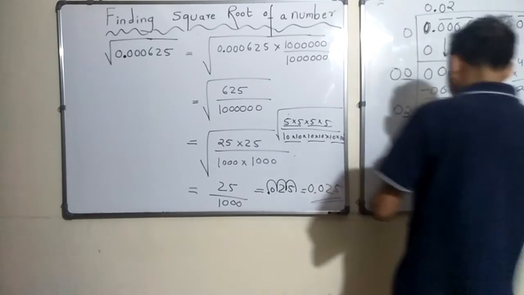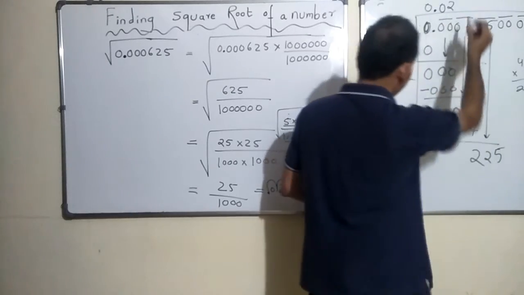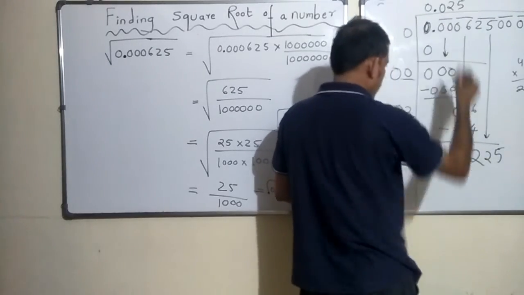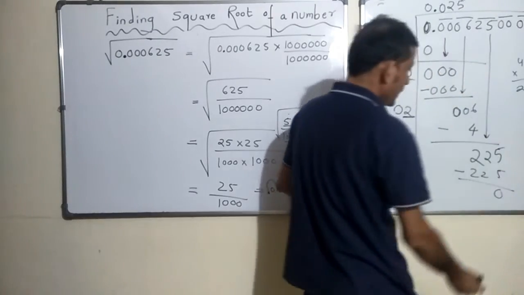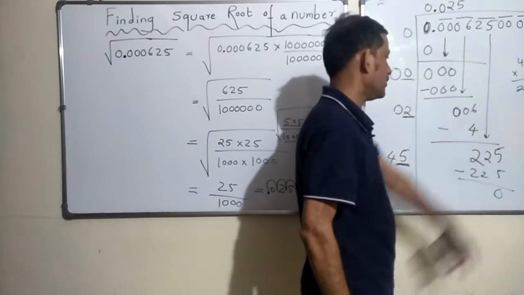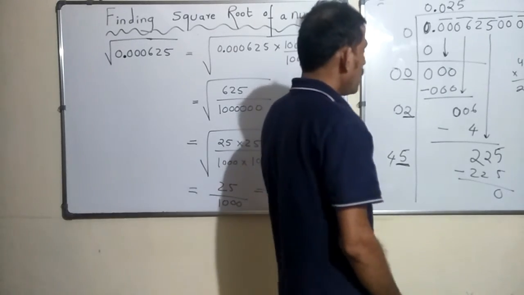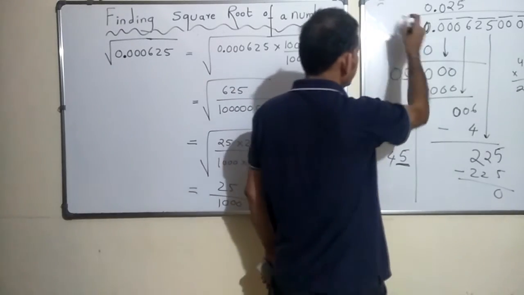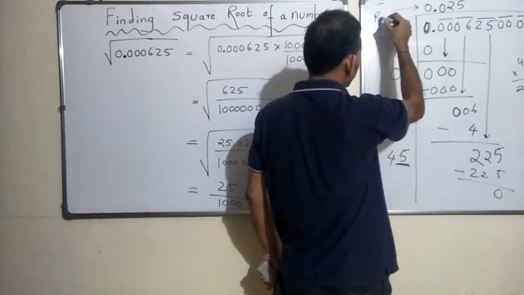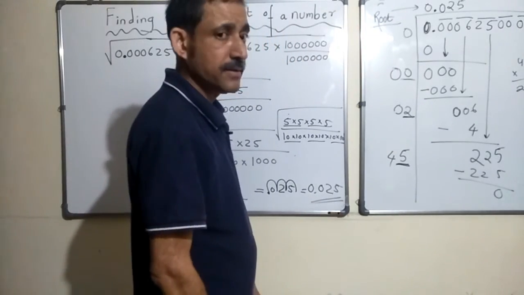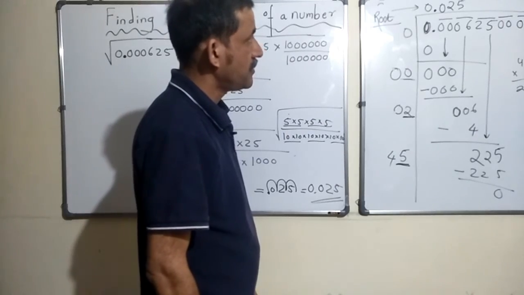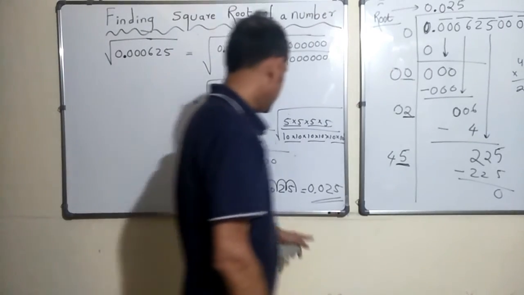Okay, so I write that here: 45, 5, 225, 0, and nothing else to bring, because after that everything is 0, right? So what is the root of this? This is the root of that number, which is this. Isn't it same as this?